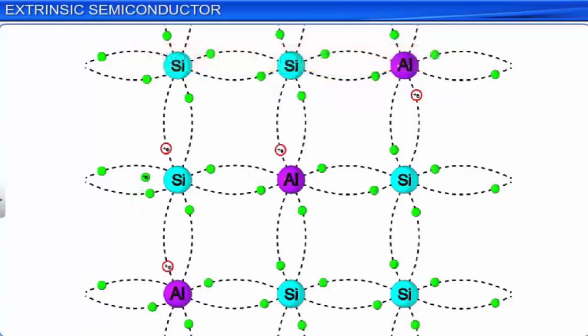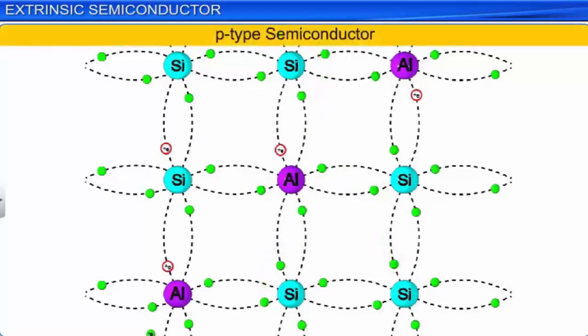We learnt earlier that a positive charge is assumed to be associated with holes. Thus, positively charged holes act as majority charge carriers in a semiconductor doped with a trivalent dopant. Thus, such extrinsic semiconductors are called p-type semiconductors.